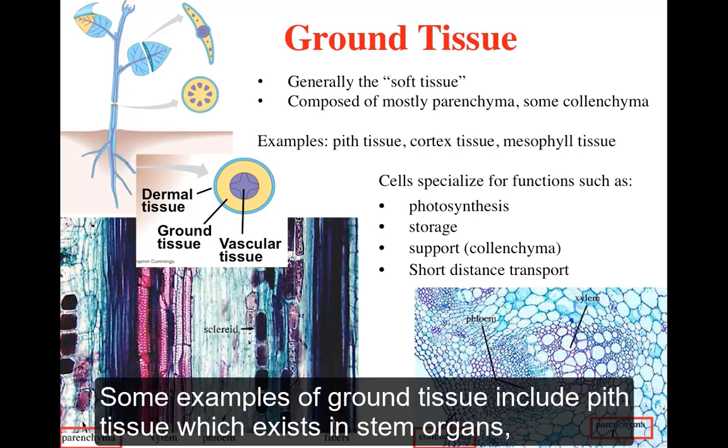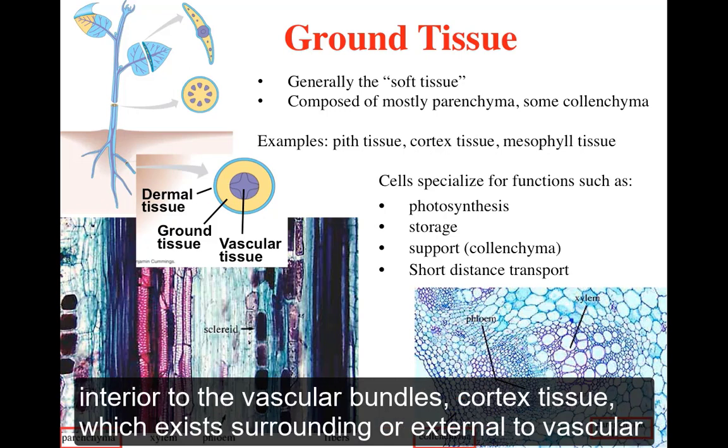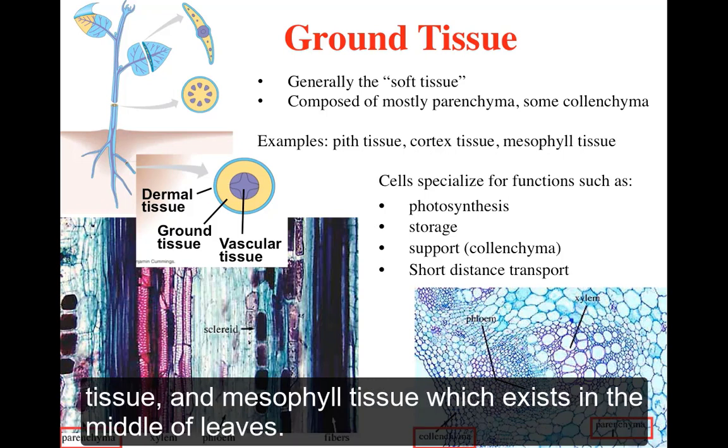Some examples of ground tissue include pith tissue, which exists in stem organs interior to the vascular bundles, cortex tissue, which exists surrounding or external to vascular tissue, and mesophyll tissue, which exists in the middle of leaves.